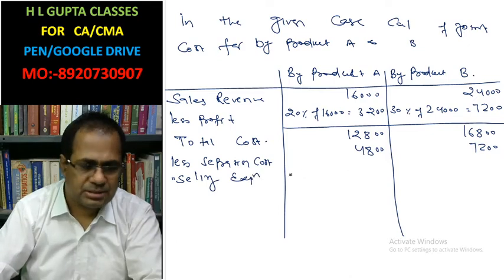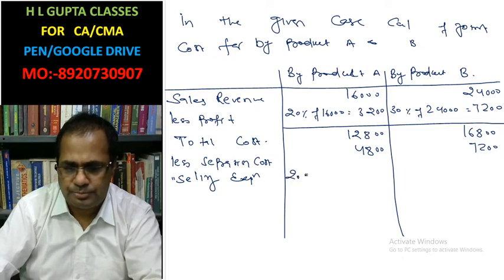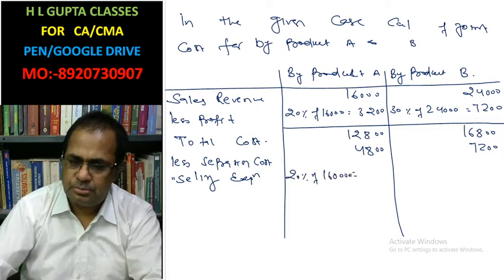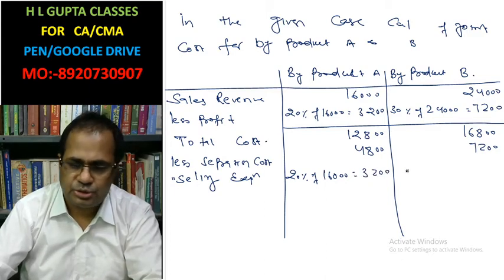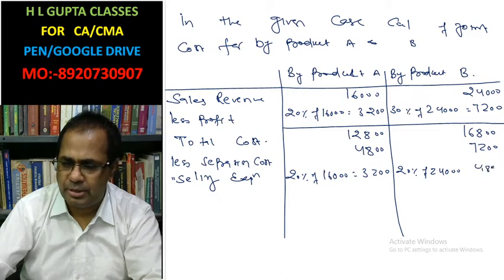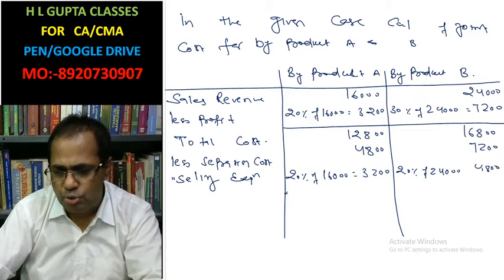Selling expenses are given as 20% of sales, that is 3,200, and 30% of 24,000, that is 7,200. After this, you have to subtract this.